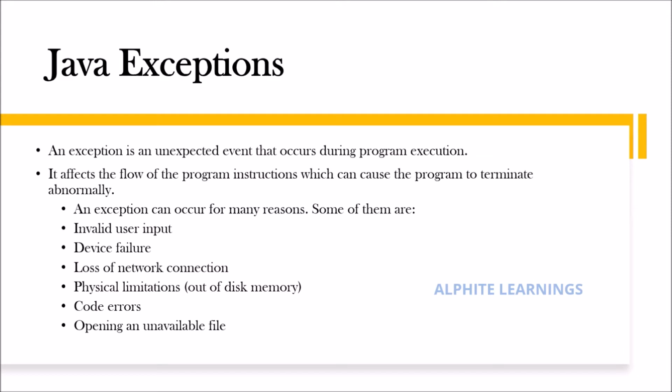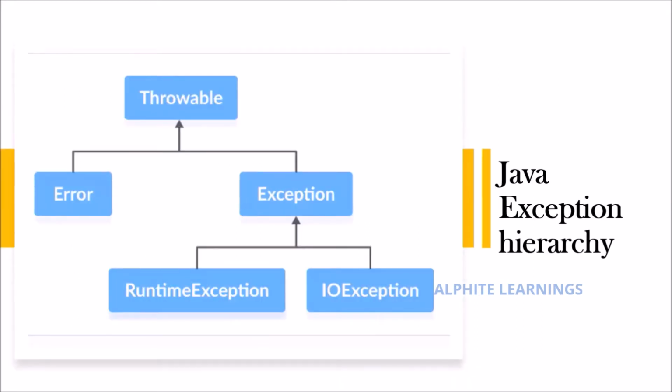The same kind of thing happens with the input output library, the IO library. When you try to read a file, or write to a file which does not exist, obviously Java will also throw an error. This is the hierarchy of the exceptions.